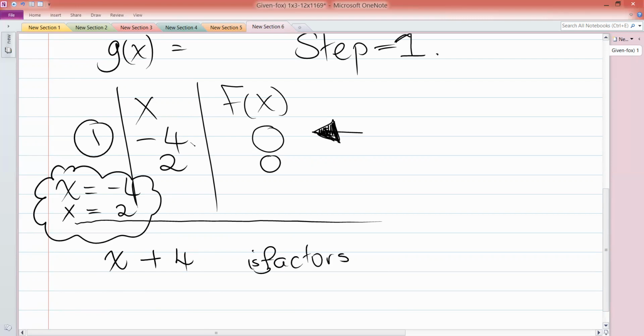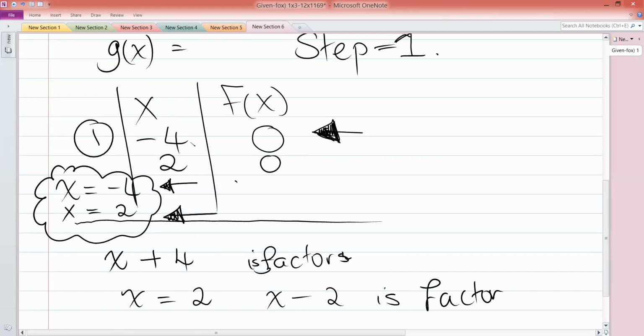What's the other factor we found? x equals 2. Therefore, x minus 2 is a factor. So these here are the actual solutions, or roots.